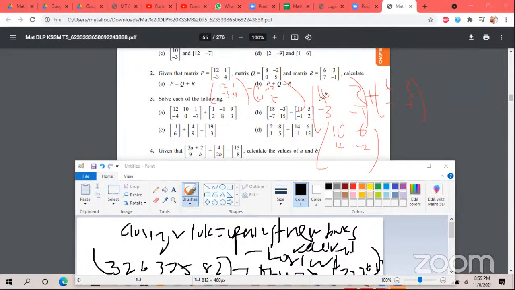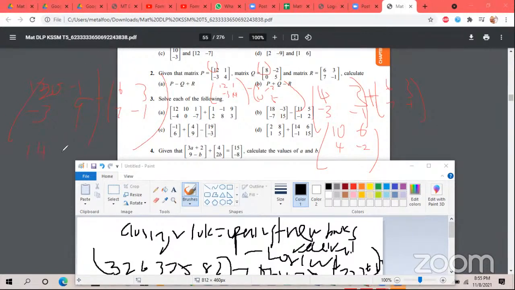Yeah, for P plus Q minus R, it will be different, right? 12 plus 8 is 20. 1 plus negative 2 is negative 1. Negative 3 plus 0 is negative 3. 4 plus 5 is 9. And then you minus R: 6, 3, 7, negative 1. 20 minus 6 is 14.